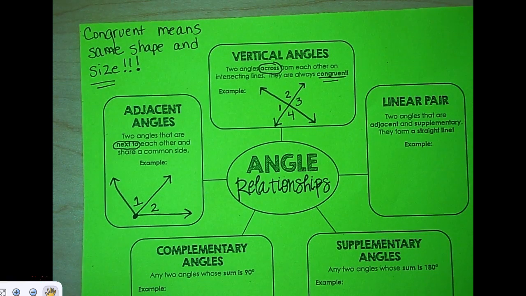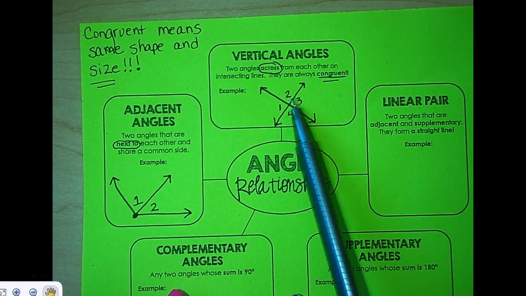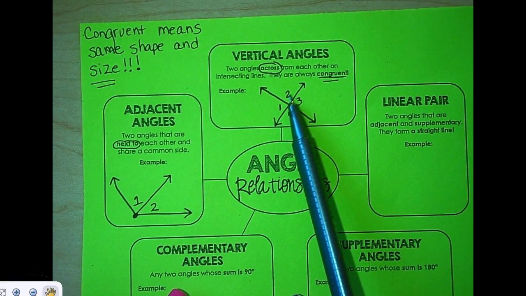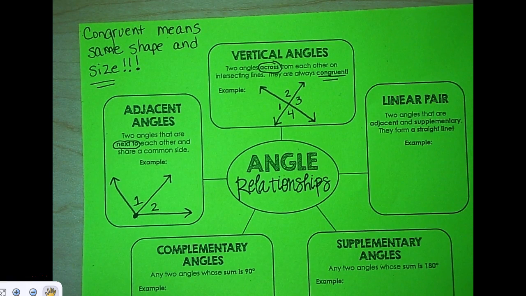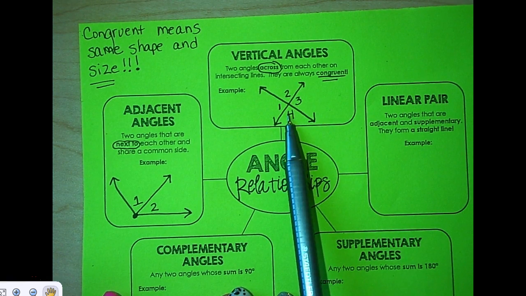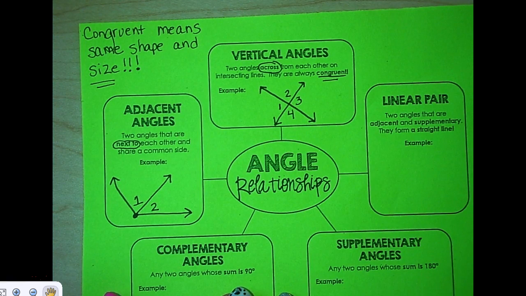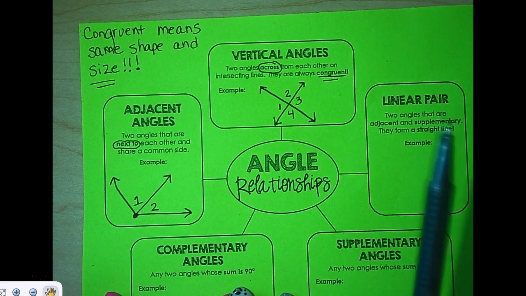Anybody see a pair of vertical angles? Autumn? So what angle might be vertical or across from 2? So if we look right across, we would say 4. 2 and 4 are vertical angles.